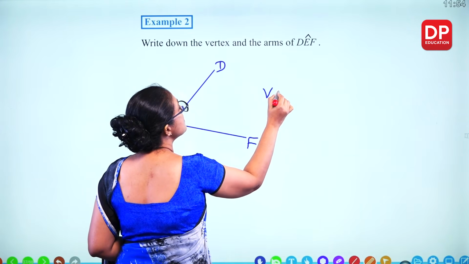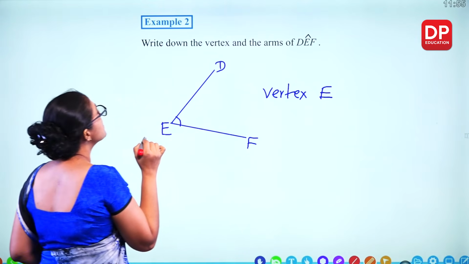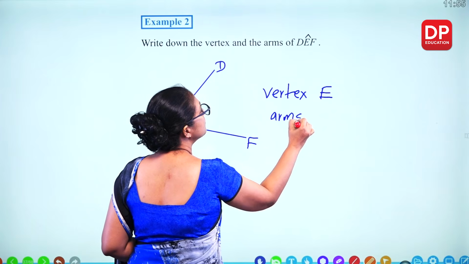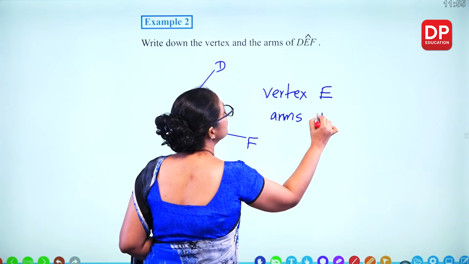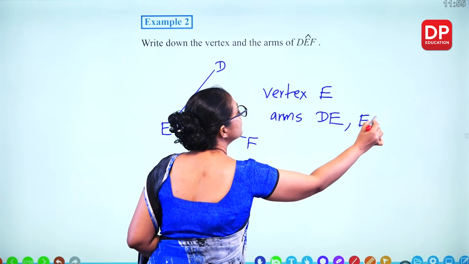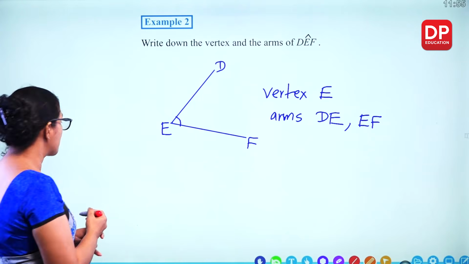So vertex is E. And what are the arms? Arms are DE and EF. DE and EF are the arms.